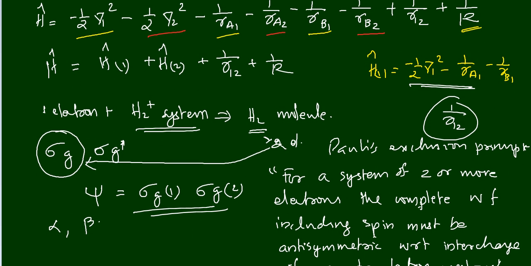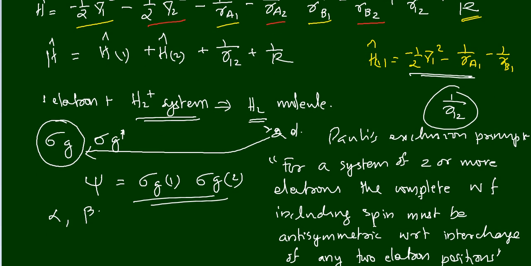Then we wrote the Hamiltonian as h cap 1 plus h cap 2 plus 1 by r12. Here h cap 1 and h cap 2 can be considered as the core Hamiltonian, because it is the Hamiltonian terms originating from considering the system as the combination of the H2 plus ion plus 1 electron.